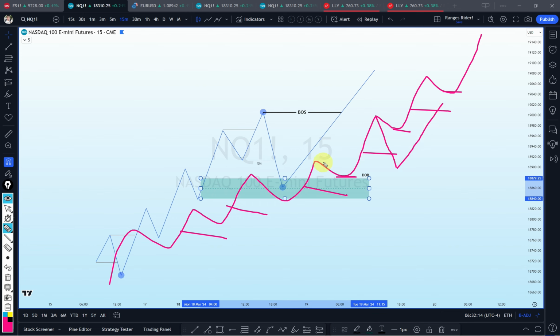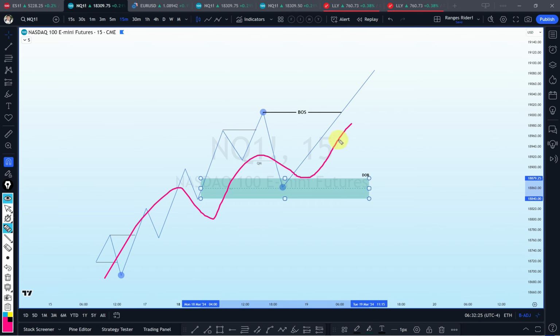I mean, in a strong market. If this is a choppy market, of course, it will not even go to the 50%. Maybe it will go even 99%. That is a choppy market. But in a trendy market, it's very unlikely the market will go to the 50%.